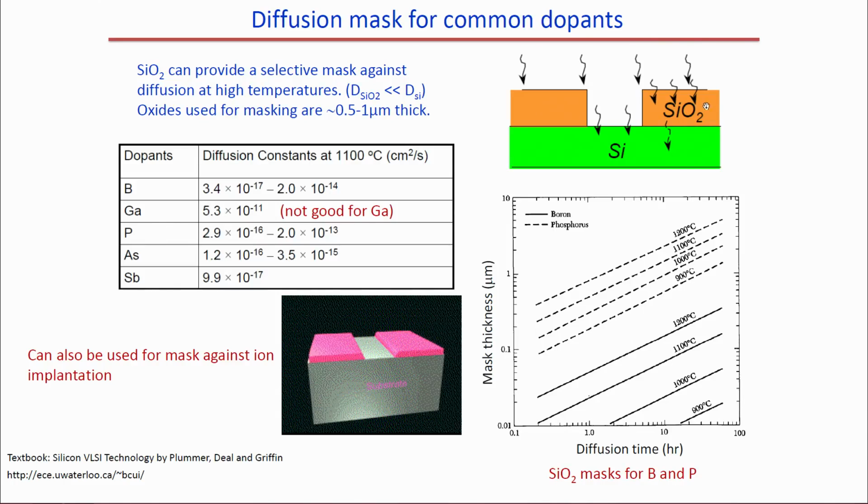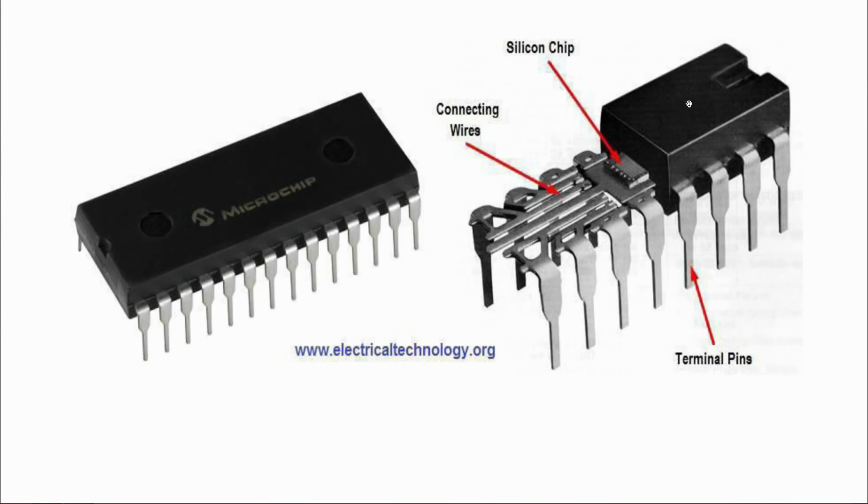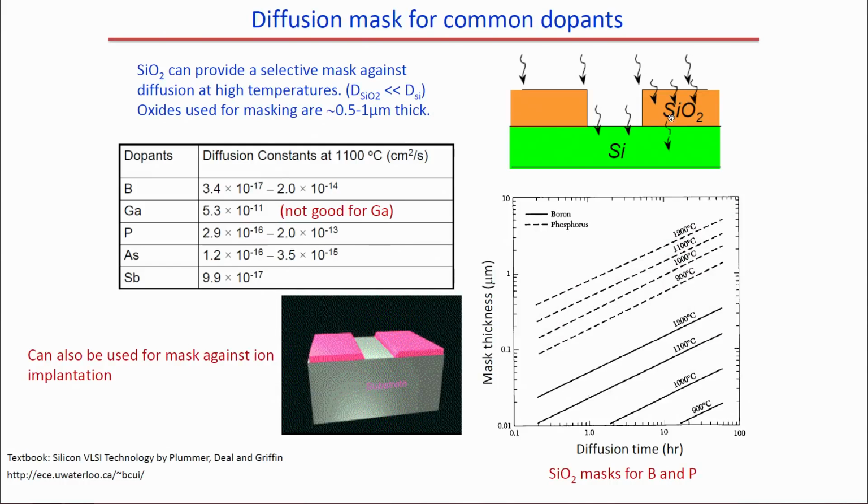So, silicon dioxide over the silicon substrate: this silicon dioxide is grown on silicon and it is patterned such that a window is created in the center and silicon dioxide is protected on both sides of this window.